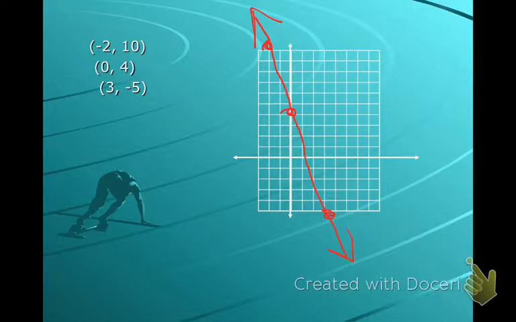All right, looks good. Now look at this one. In this equation, we're actually decreasing. If you're looking from left to right, we have a negative slope. So it's going downhill. All right, let's go to another one.